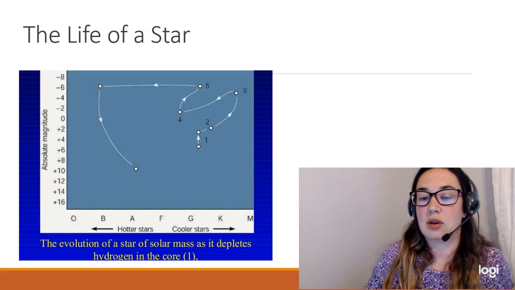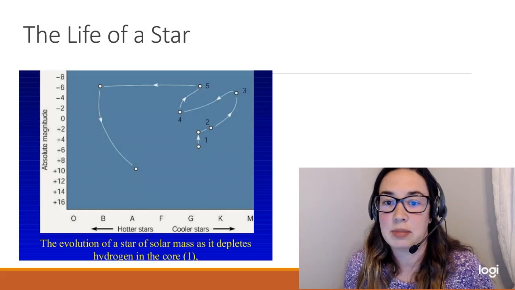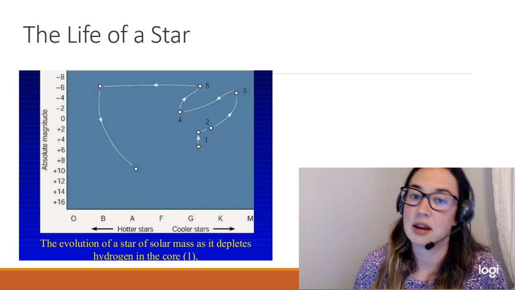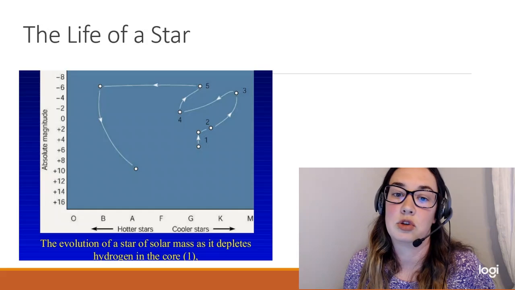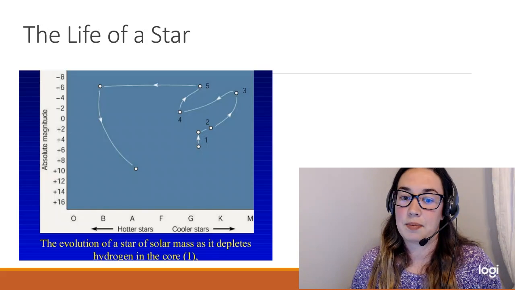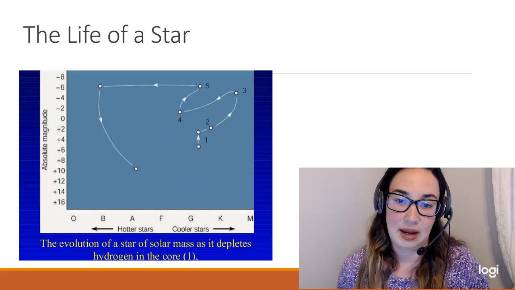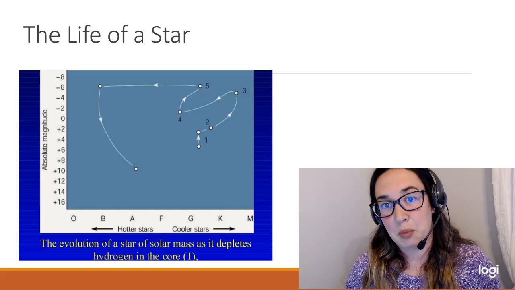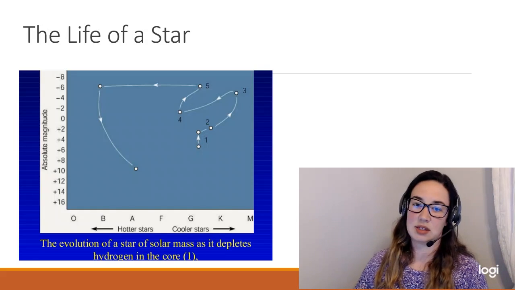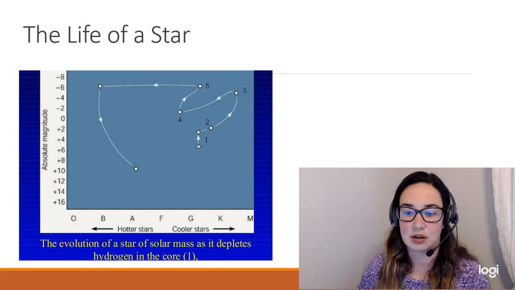If you look at 1 and 2, this is falling on your main sequence. Maybe 3 is your red supergiant. 4 is your main sequence again. 5 is when it returns to the red supergiant the second time, and then the very end is possibly the white dwarf, depending on if it's the end of a more massive star or a less massive star. So this is what you would see, this squiggle of the life cycle of our star.